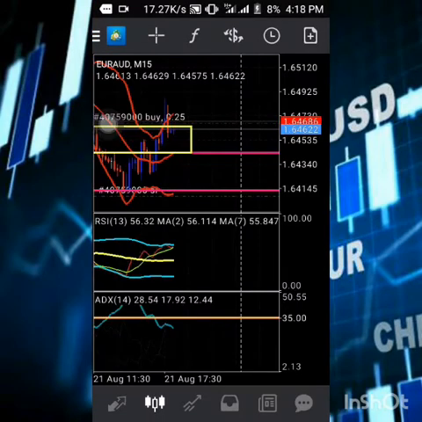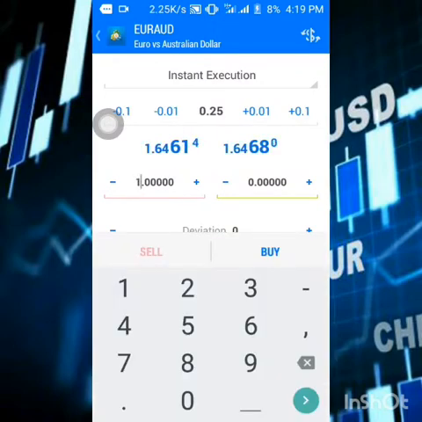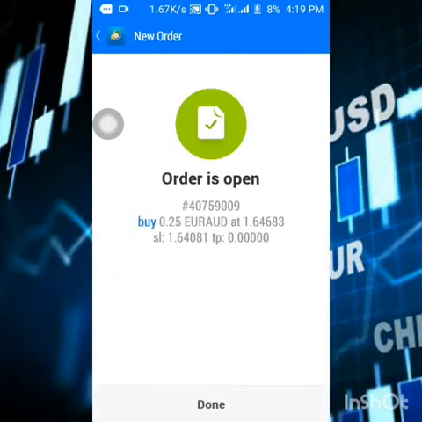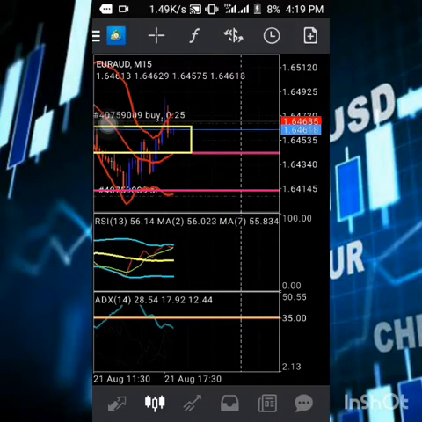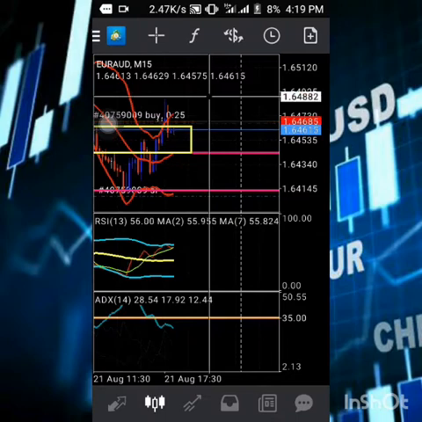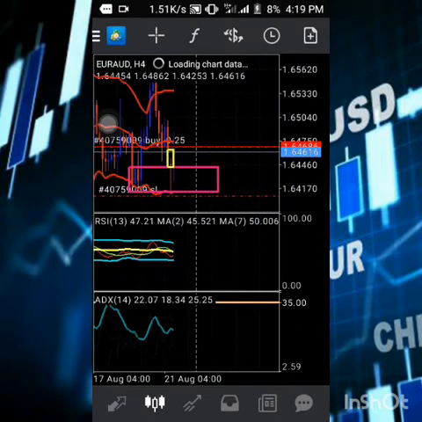Let's enter another position again. 1.64081. Buy. So our take profit will be on the 4 hours chart. So we go back to the 4 hours chart to set our take profit.